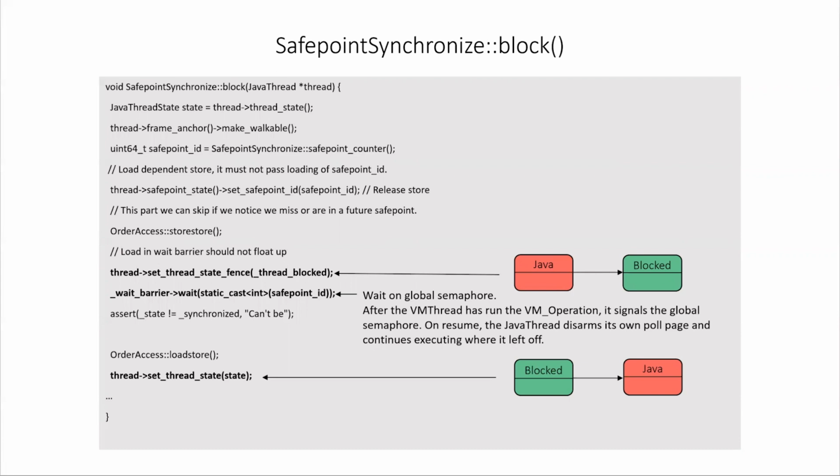The thread will now wait on a global semaphore. And after the VM thread has run the VM operation, it signals the semaphore. And when the thread resumes, it will disarm its own poll page and continue executing from where it left off.